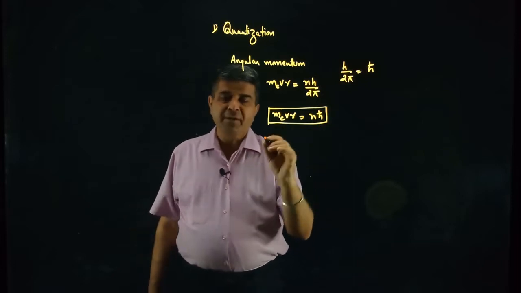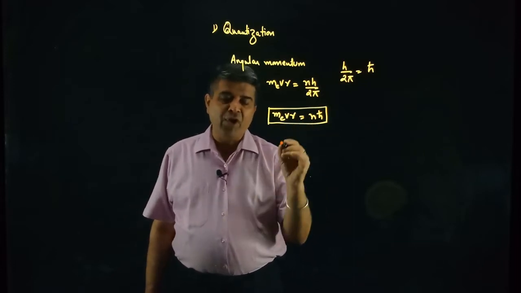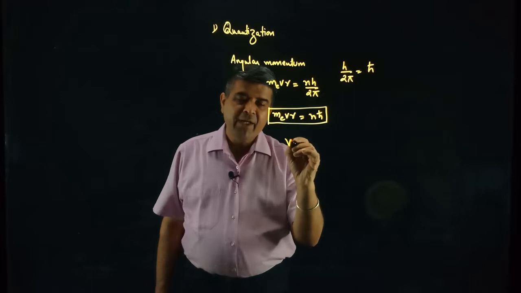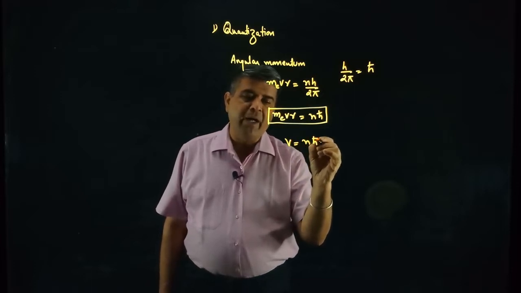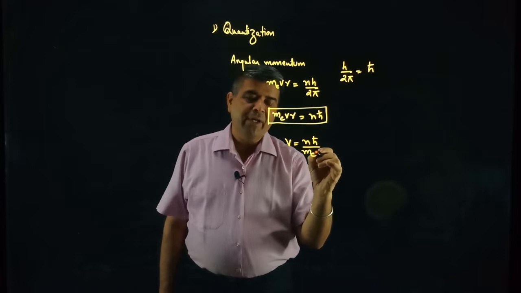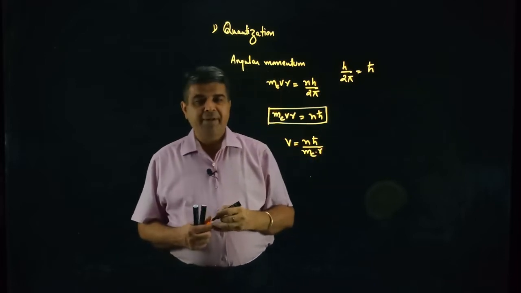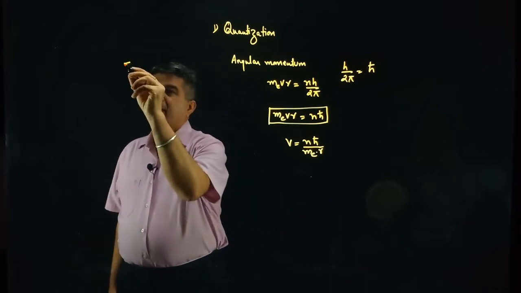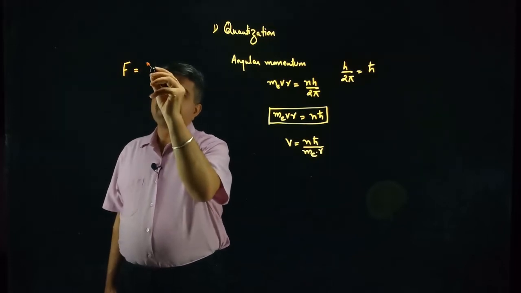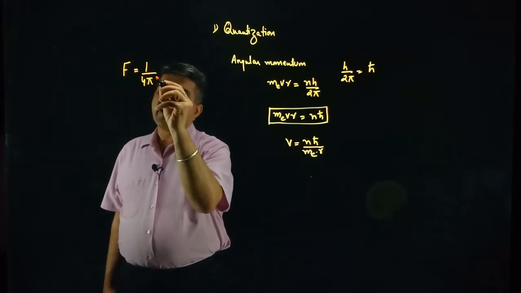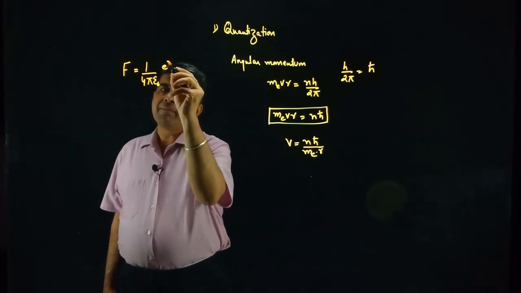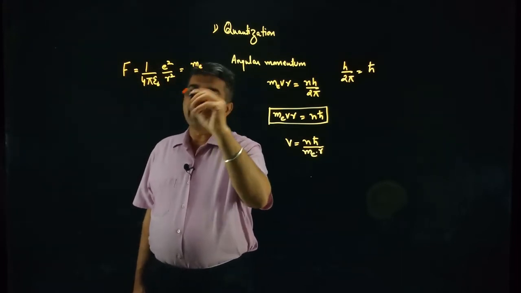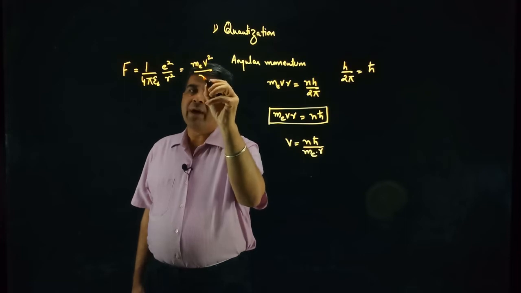So we can just shuffle the terms and calculate the velocity of the electron in an orbit. It would be given by v is n h bar over mass of electron into radius of orbit. Now the total force acting on an electron can be given by F, force, which is 1 by 4 pi epsilon naught e square over r square, and which is equal to m v square over r.